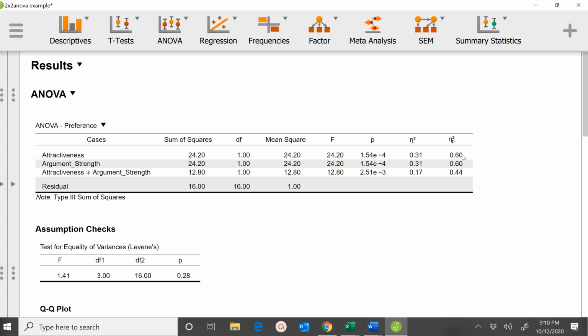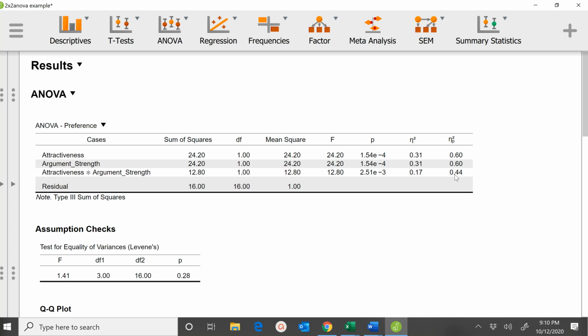So that's telling us that attractiveness accounts for 60% of the leftover variance in preference after we control for argument strength and the interaction, and argument strength also accounts for 60% of the leftover variance in preference after we account for attractiveness and the interaction.